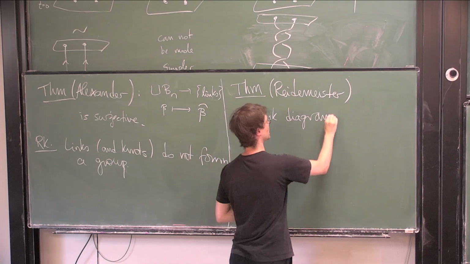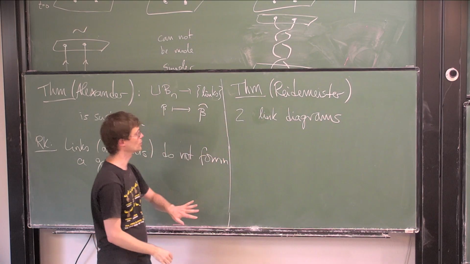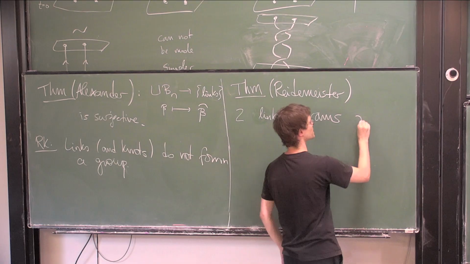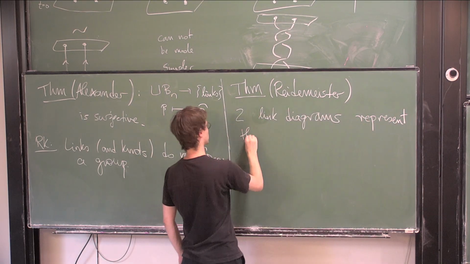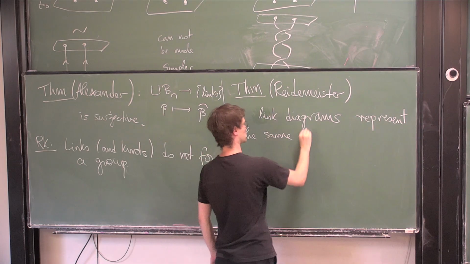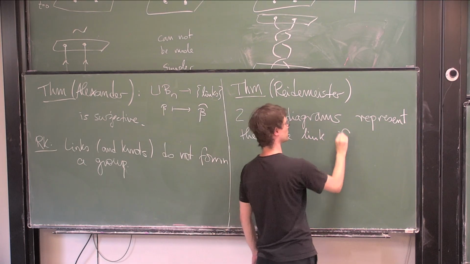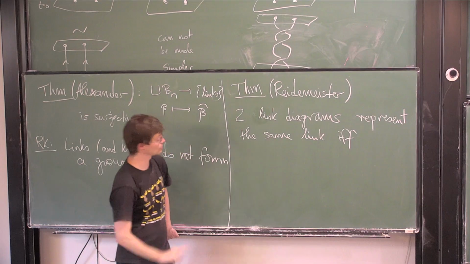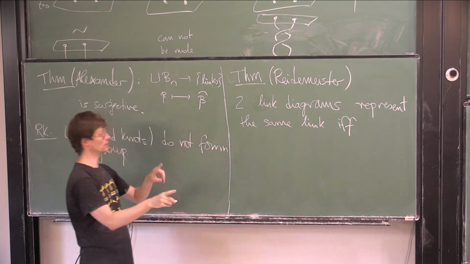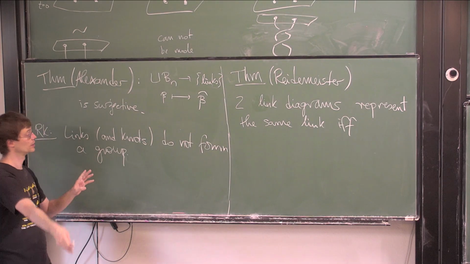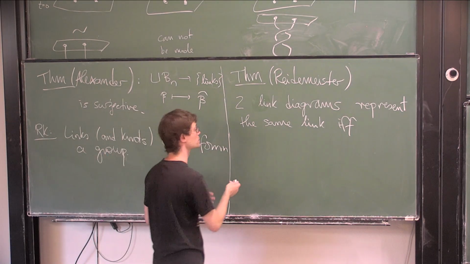A link diagram is just a projection of some knot. Two diagrams represent the same link if and only if, and this is why the theorem is so strong, they can be connected to each other by a finite number of elementary moves.